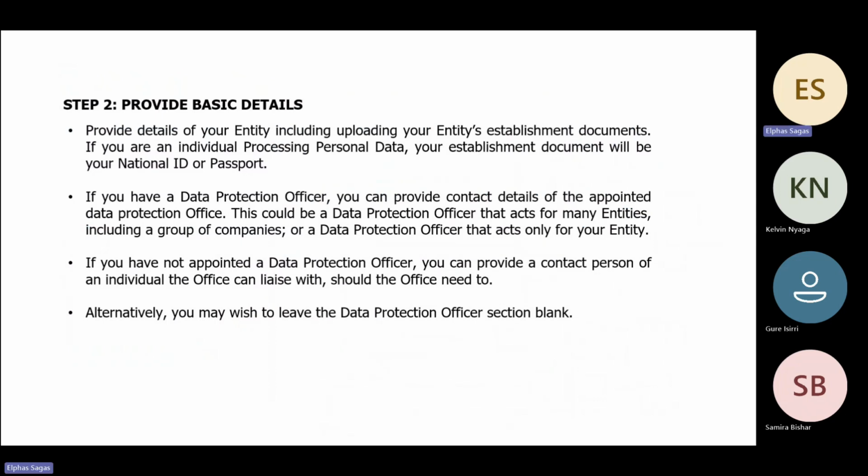Then a data protection officer needs to provide contact details. And this is very important because in an event of, for instance, these webinars that we're organizing, we send this notification to data protection officers. So if you provide just an email which is not functional, it may be difficult to reach your office.